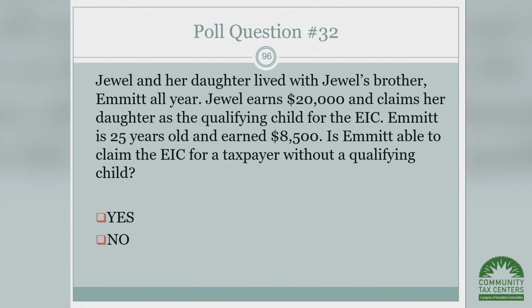Yes, as a single person, under the age of 65 but over the age of 18. That's why it's confusing, because on the chart it says at least age 25 but under age 65. You have to be 25 if you don't have a qualifying child. Yes, I'm sorry. Over the age of 25 and under the age of 65 without a qualifying child.